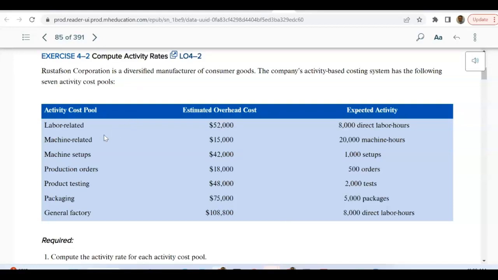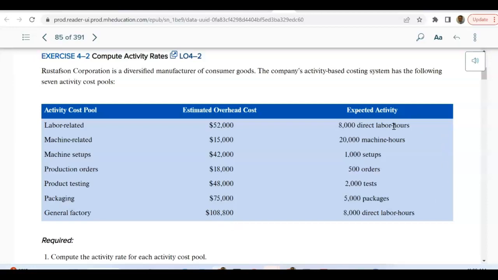Okay, so here we are given some information. We have cost pools for labor, machine related, setups, production orders, product testing, packaging, and general factory. So we have different types of cost pools. The estimated overhead cost has already been calculated for us based on research that the company's employees did.